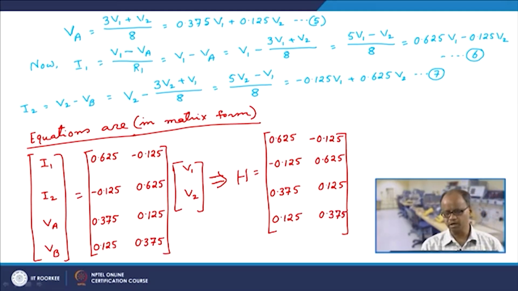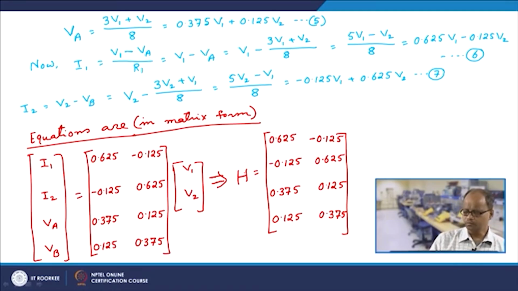This H matrix is always evaluated on the basis of circuit analysis. The H matrix is nothing but the relation between the true values of the measured quantities and the true values of the unknown quantities, and that can only be obtained by circuit analysis of the system.